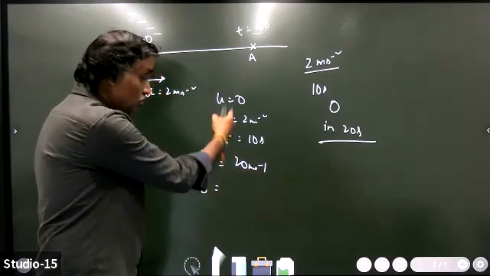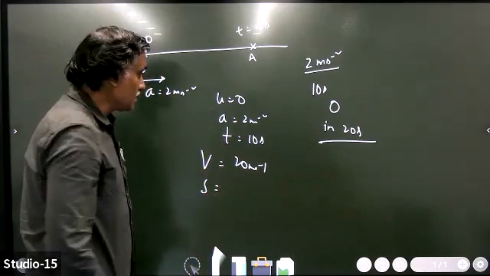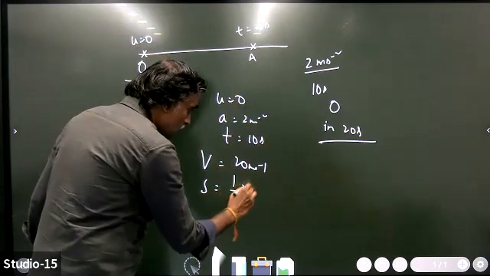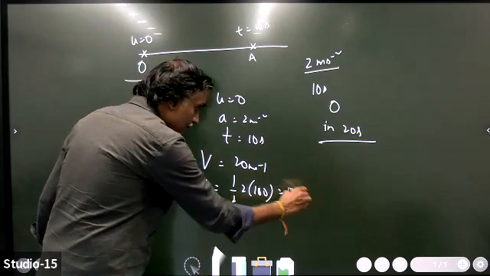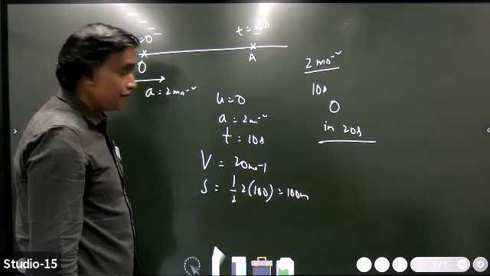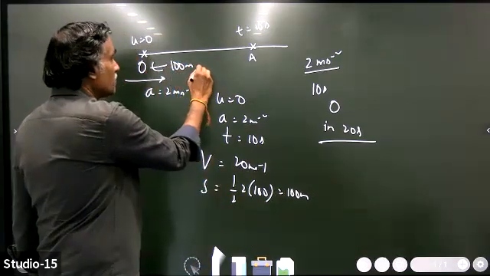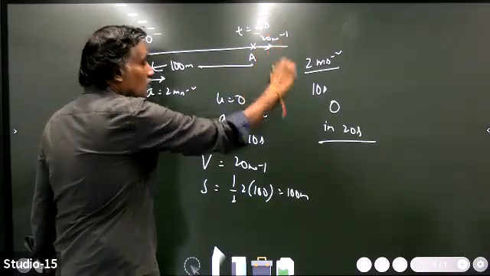Then for displacement, s is ut plus half at square. ut is 0, half at square, that's half into 2 into 100. That's 100 meters. That is displacement. First 10 seconds, that is OA, this is 100 meters. And what is its velocity here? 20 meters per second.